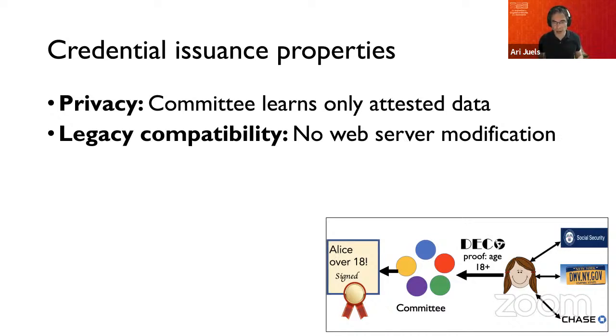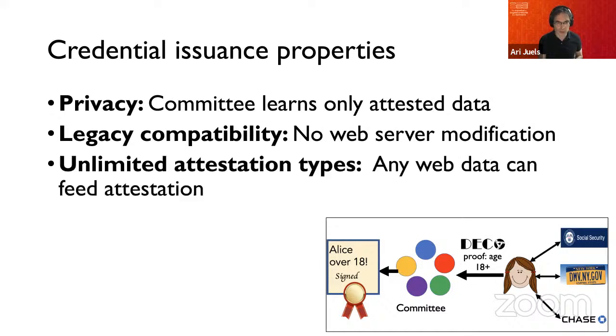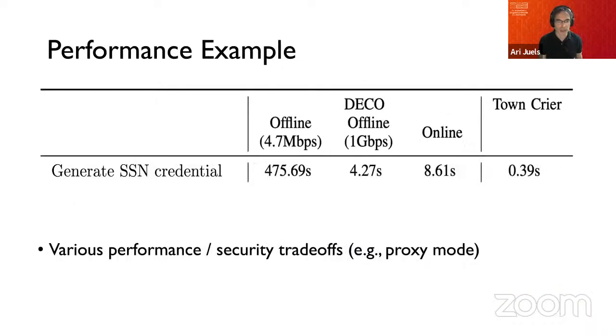As I said, there's no need to modify any of the servers participating in this protocol. And additionally, we can construct attestations or decentralized identity documents of essentially any type we like. As long as there's an authoritative website somewhere out there with the data in question, we can construct a decentralized identity document using that data.